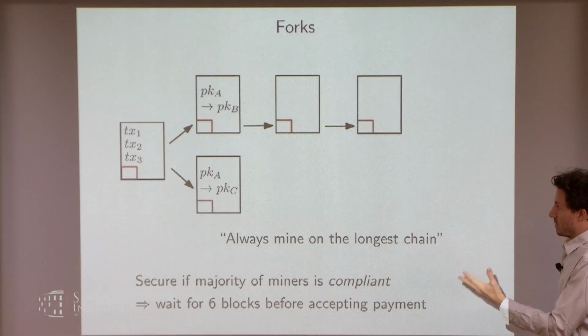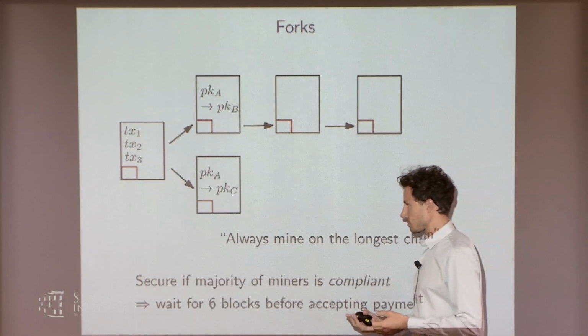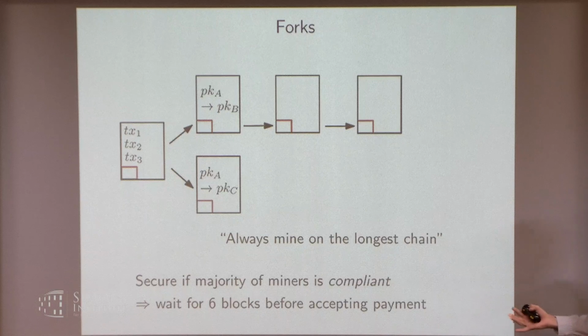So this works if the majority of the computing power follows the protocol, whereas it completely breaks down if this is not the case anymore. For example, if Alice has the majority of the computing power, then what she could do is what's called the 51% attack.